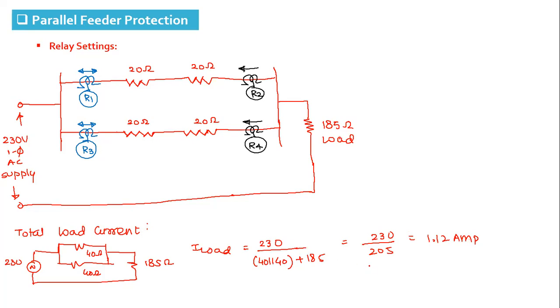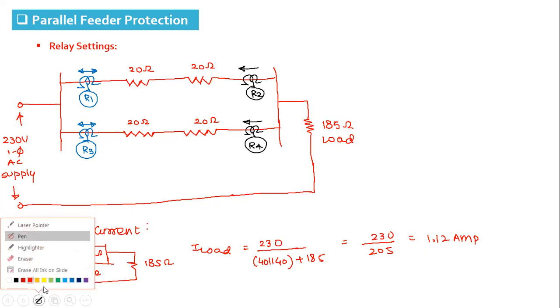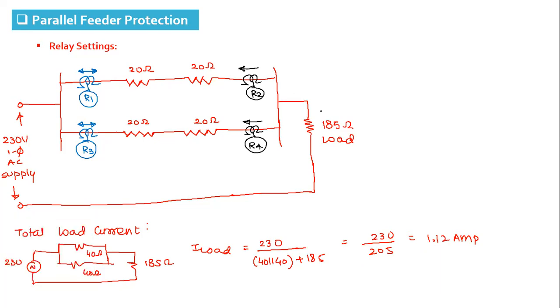Any doubt in this? This is the total load, 1.12 ampere, which is divided into two parallel paths. So here it will be 0.56 here. Both the feeders will carry half of the load.